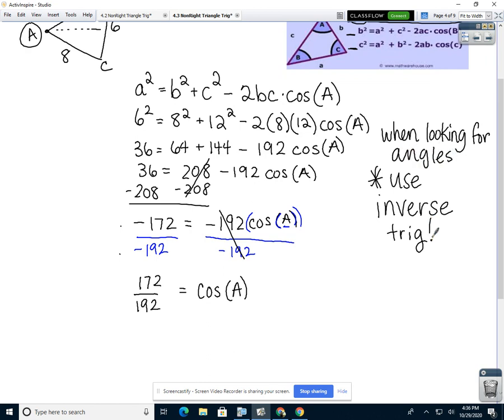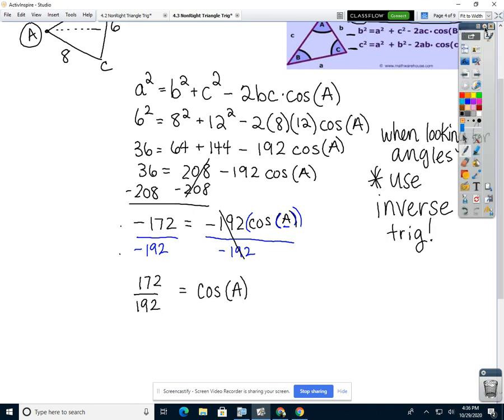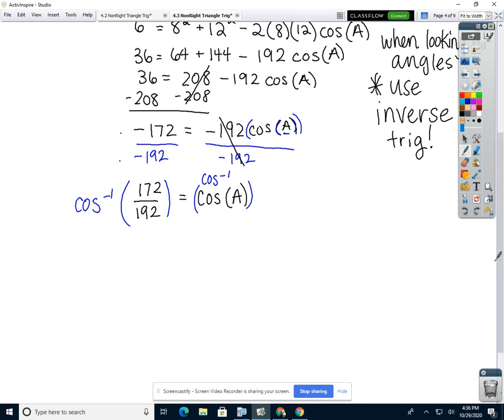In this case it's going to be our inverse cosine. So last time we used inverse sine, law of sines, but now we're going to use that inverse cosine, right? And this is what it's going to look like in the calculator on the left side here. So cosine with the negative 1 as the exponent.